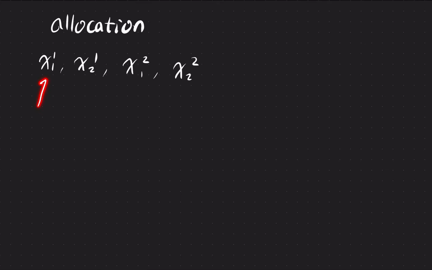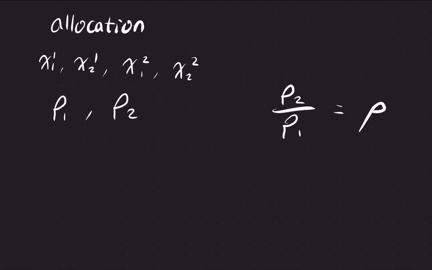This is person 1's amount of good 1, person 1's amount of good 2, person 2's amount of good 1, person 2's amount of good 2. And we're going to have P1 and P2. As we saw, all that matters in our equilibria is the ratio P2 over P1, which we defined as rho, and then solved for, hopefully once correctly and once incorrectly, as you guys saw.